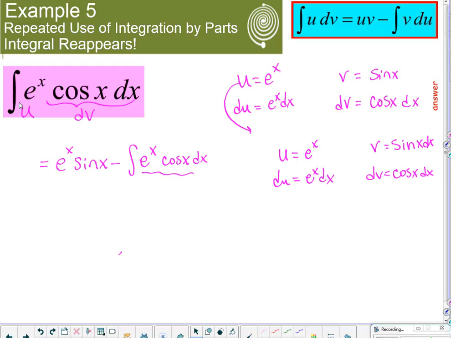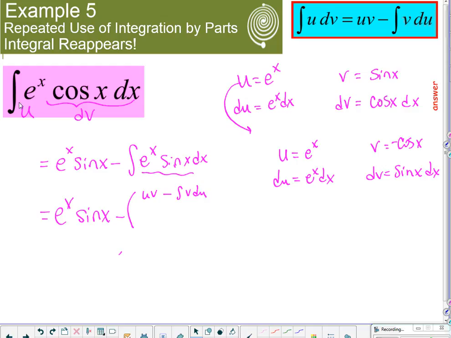I feel like I messed up. I did. This should have been sine all along. And that'll force this to be reversed. Sine x, and then the integral of sine is cosine x with a negative. Now, the first term there is fine. The integral of e to the x sine x is going to be u times v minus the integral of v du.